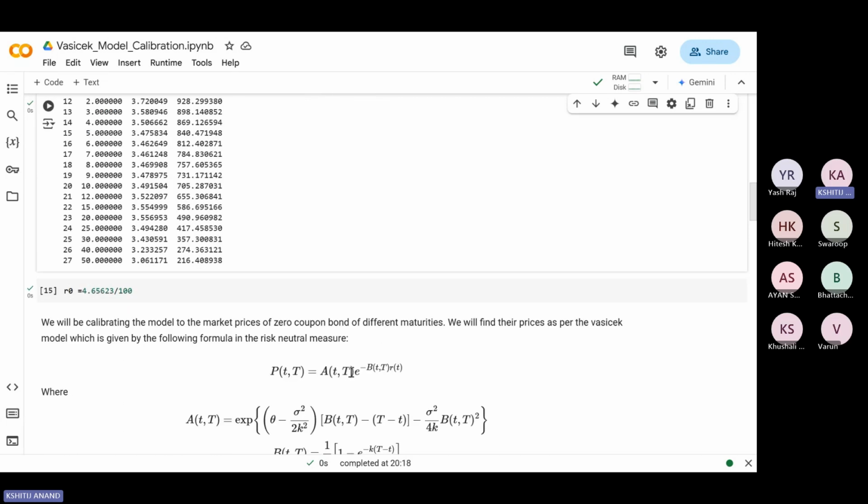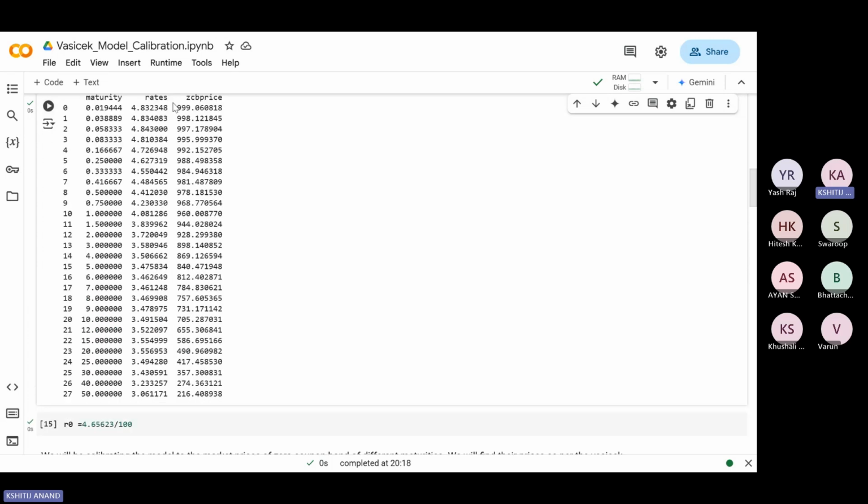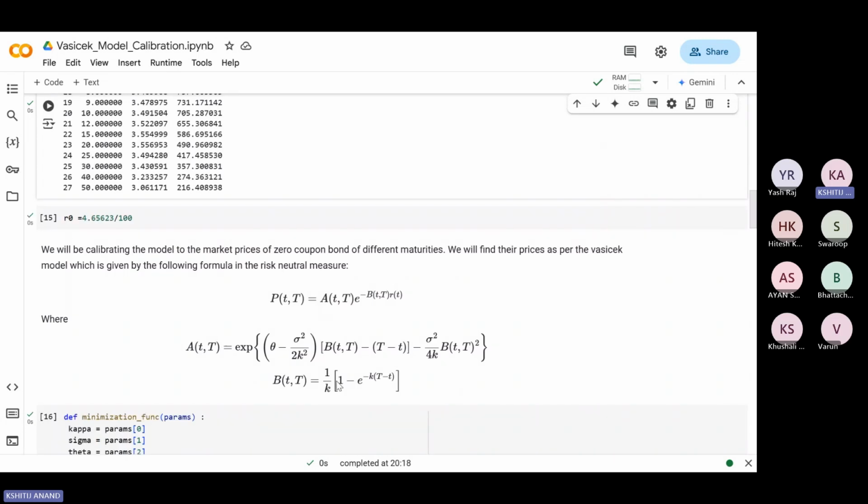Capital T stands for the maturity. We already have the maturities of all the zero coupon bonds. And what are A and B? The expressions for A and B are given. To find A and B, you will need the parameters K, theta, and sigma, right? So that's what we have to do.